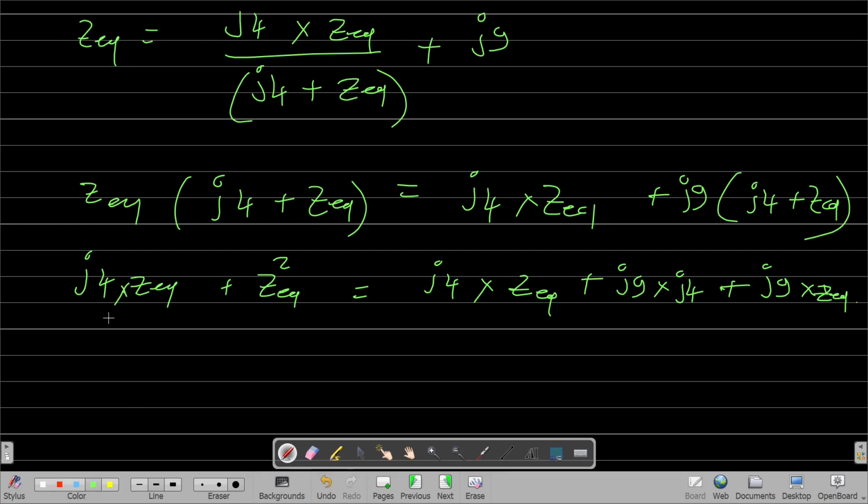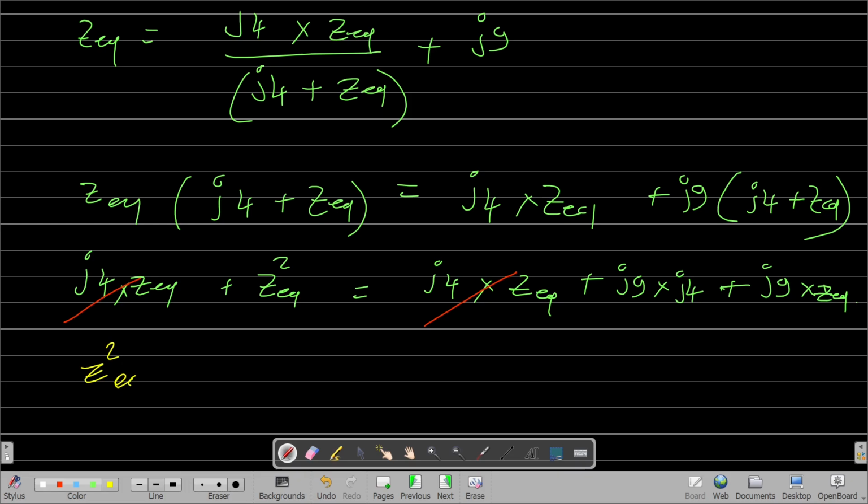if you look at this equation, you will see that this term and this term will get cancelled. Okay, now we will simplify it more.